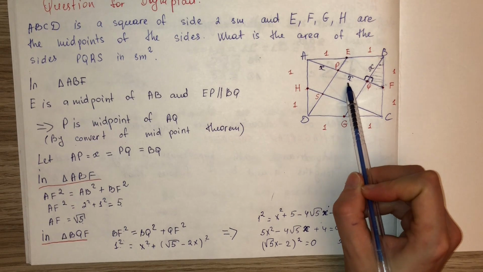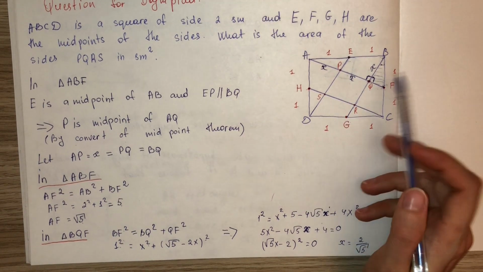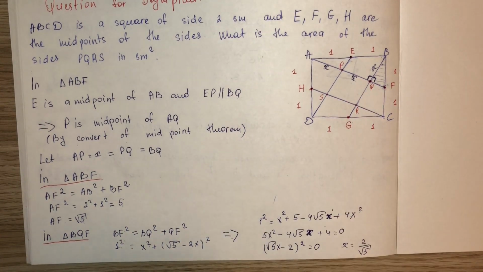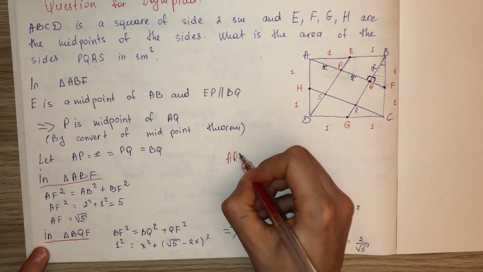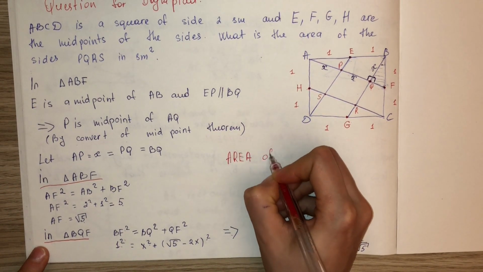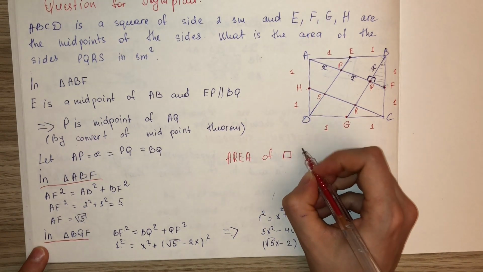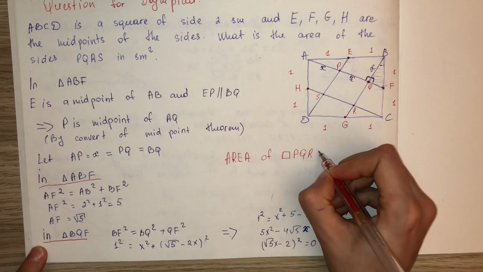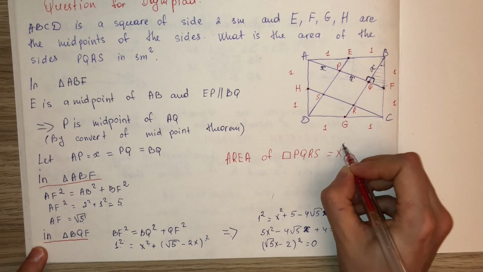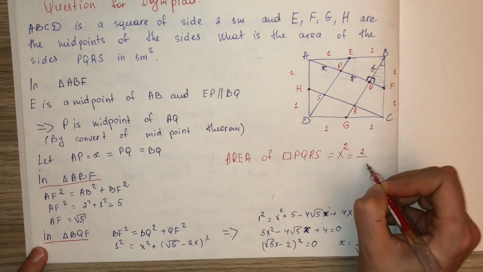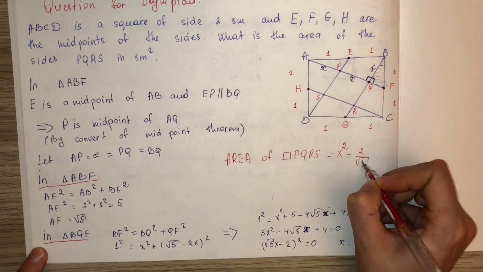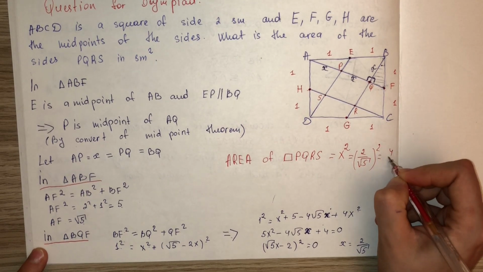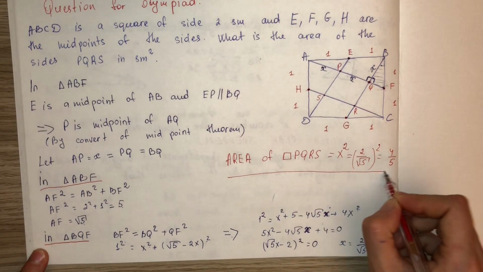Here we get x, and as you know that this is a square, the area of the square PQRS is equal to x squared, and this is equal to 2 over square root of 5 squared. We get 4 over 5. This is our result.